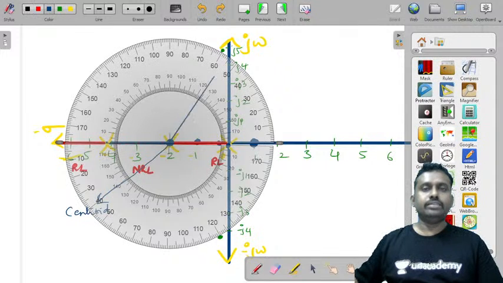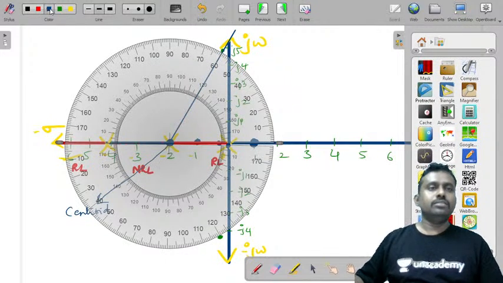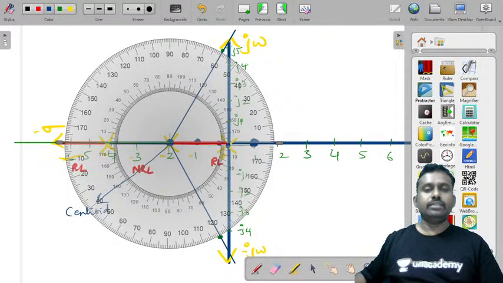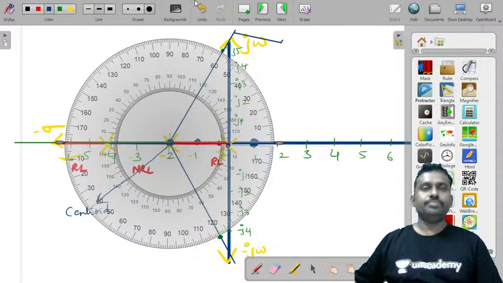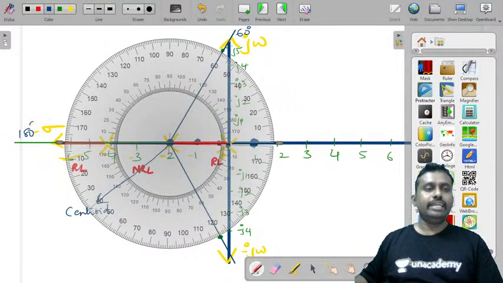This is the 60 degrees line. We'll use green color for this 180 degrees line, and this is the 300 degrees line. So these are the three asymptotes: 60 degrees, 180 degrees, and 300 degrees.